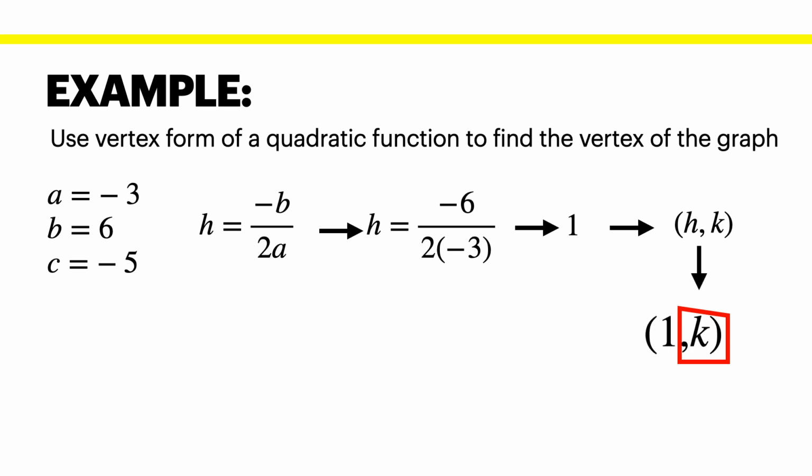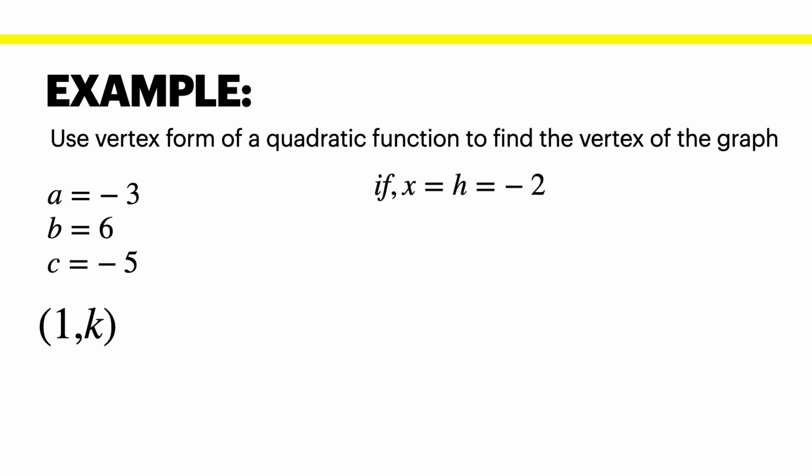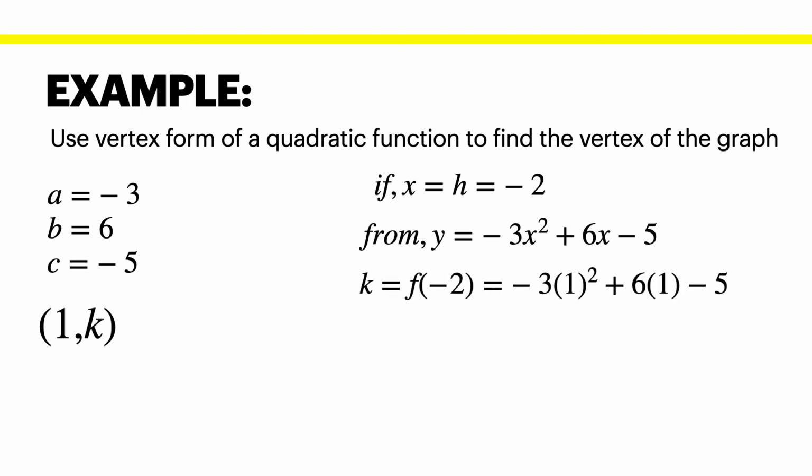Next, we need to see that our k is still missing. We have to know what that is. But now we have an h, which is 1. So we can use 1 to get the k. Now, if our x is equal to h is equal to 1, from y is equal to -3x squared plus 6x minus 5, we can put it in. k is equal to f of 1.